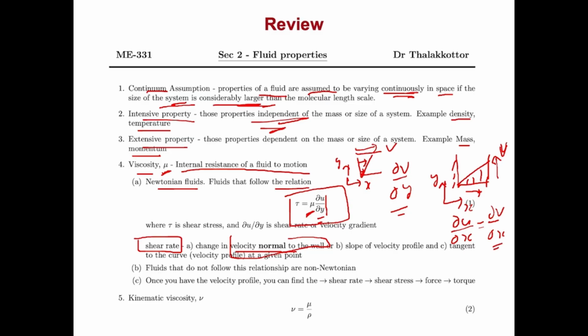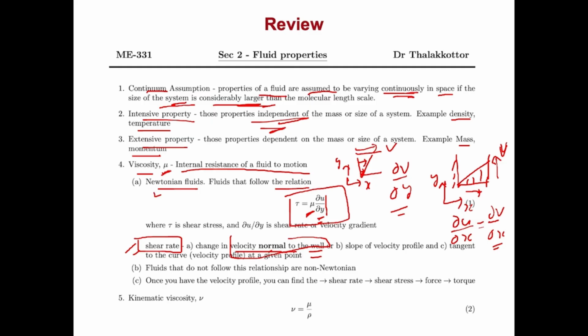So just be mindful that when you're talking about velocity gradient, it is the change in velocity normal to the wall, right? If the wall is tilted, you have to understand that accordingly the velocity gradient you're looking at is also slightly different, right? So it's not going to be blindly du dy.